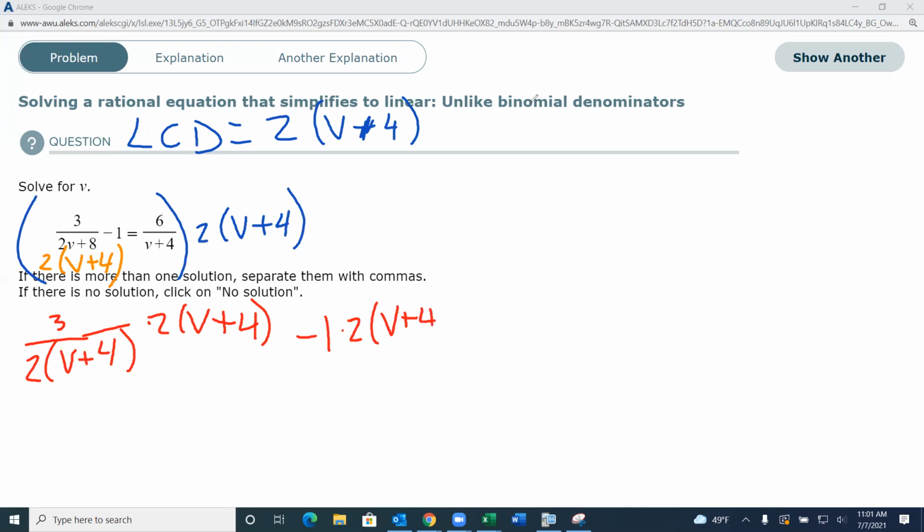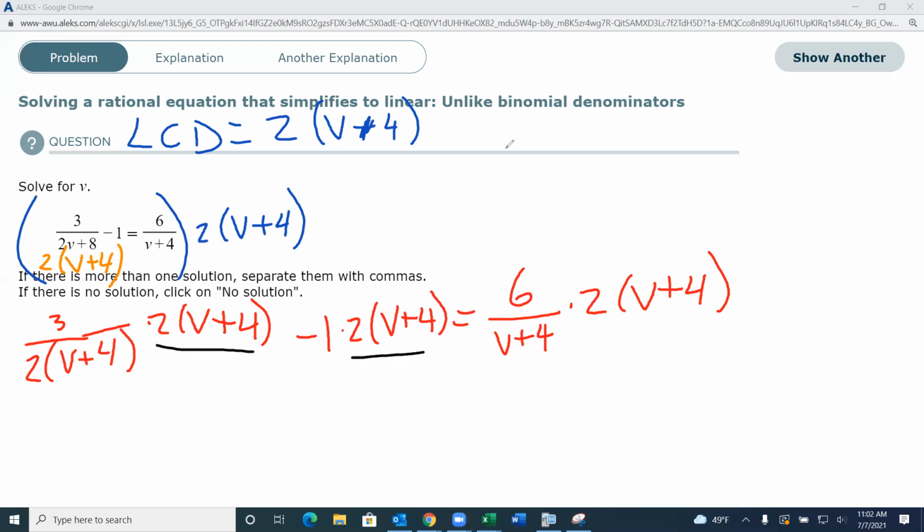This becomes a little bit tedious, but it sure makes it a lot easier for you to tell what's going on if I write it out this way. Okay, so there's the 2 times v plus 4 I multiplied both sides of the equation by. Yes, for the purpose of canceling away any and all denominators.